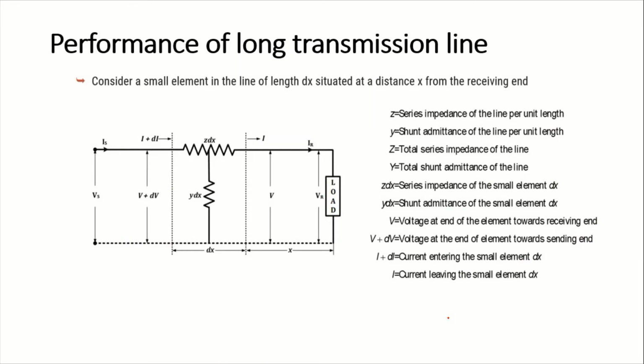Now consider a small element of length dx of the transmission line, situated at distance x from the receiving end. This is an exact solution for the long transmission line, and it is also called the rigorous method for the long transmission line. The exact equivalent circuit of a long transmission line is shown in this figure.